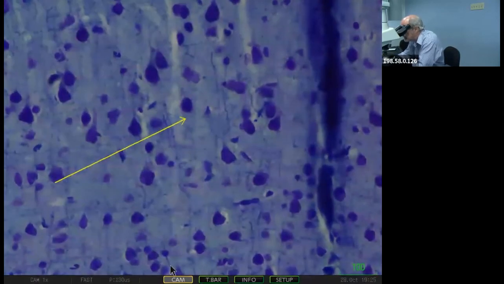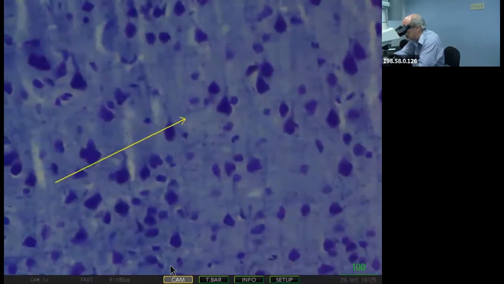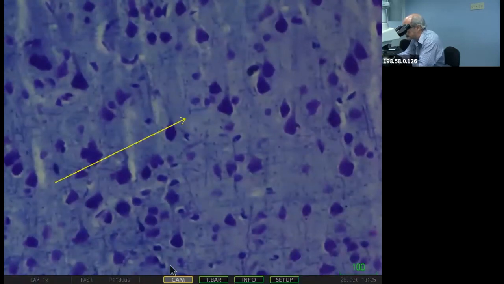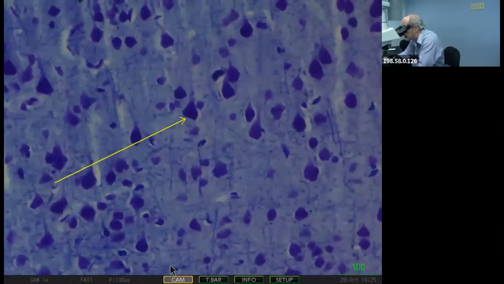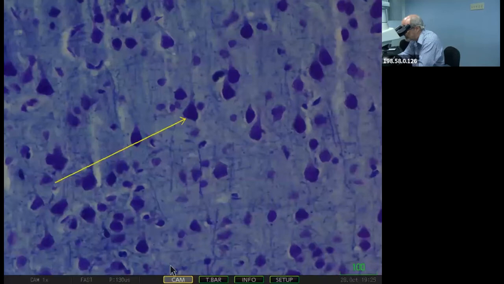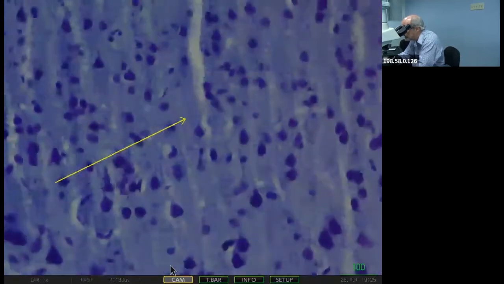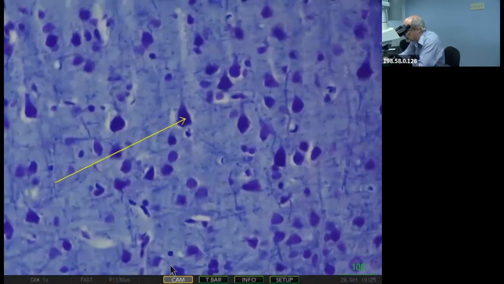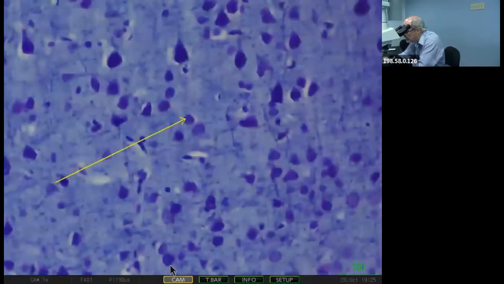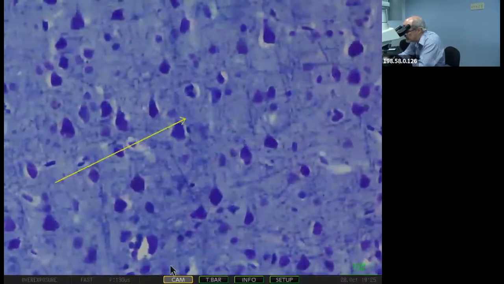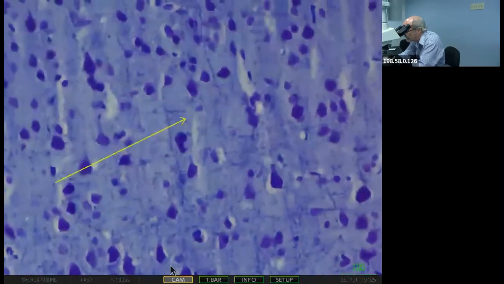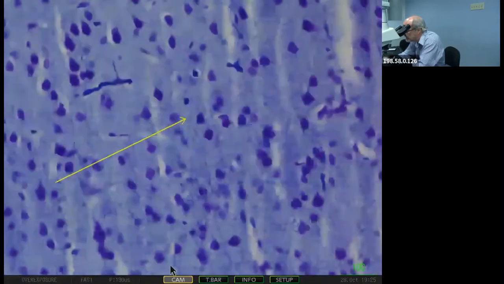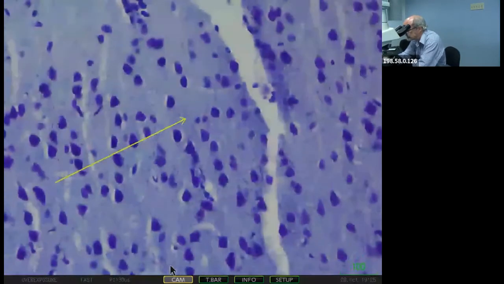And here you have your pyramidal cells. So you have your pyramidal cells in the fifth layer, and you might see or not the difference here.